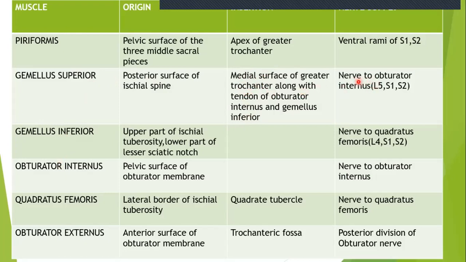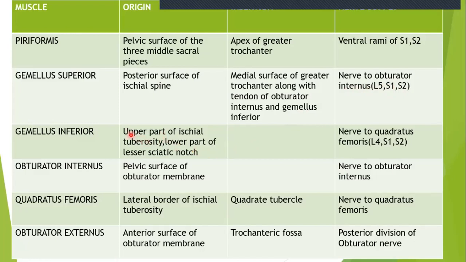Its nerve supply, remember this, the gemellus superior is innervated by the nerve to obturator internus, which is L5, S1, S2. If you look at these root values, these are the same root values for the inferior gluteal nerve. I don't know if you have noticed that.